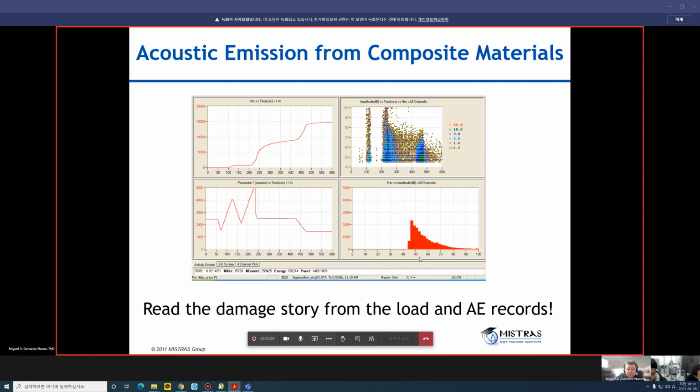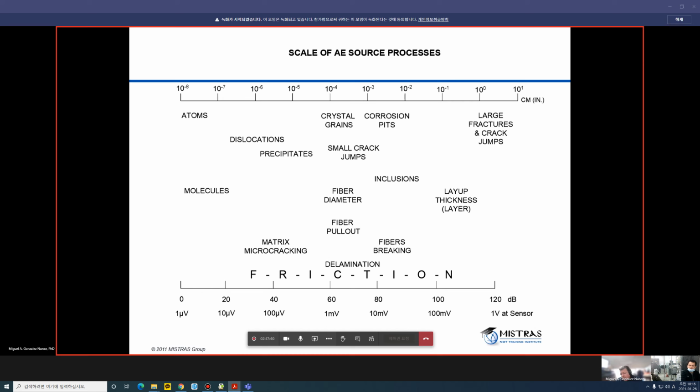Now what happens when we produce or stimulate those acoustic emission sources in the materials?